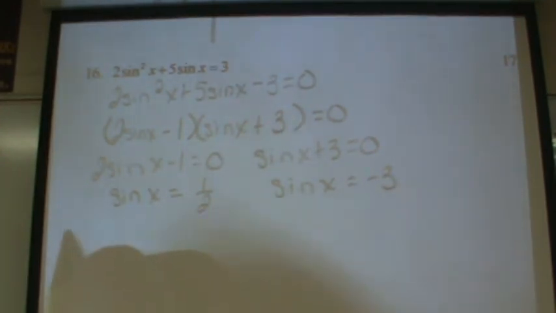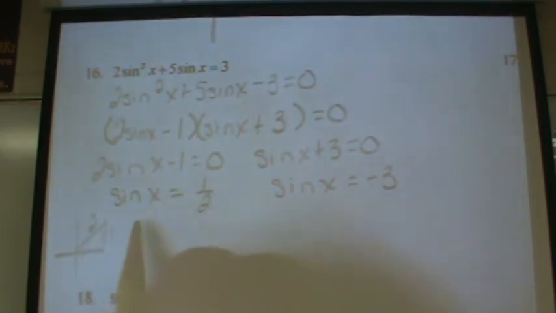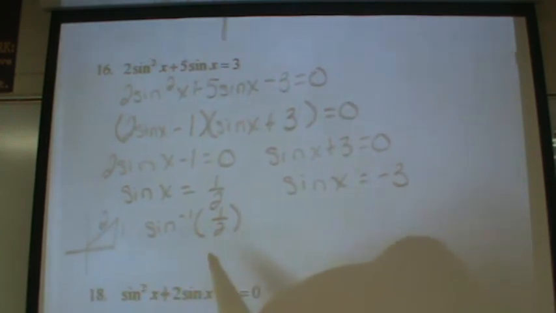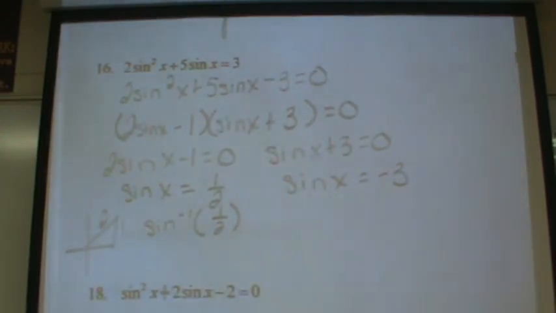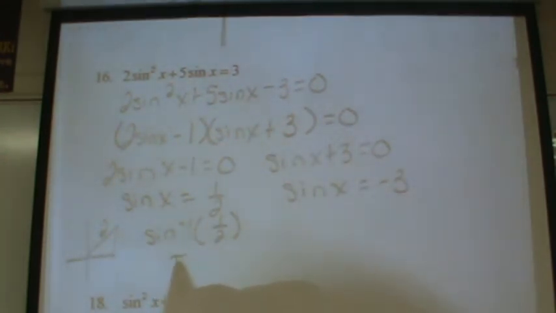Sine of 1/2 goes back to our triangle. We have opposite over hypotenuse. So the inverse sine of 1/2 gives us a pi over 6 angle. And then we have to think where else sine is positive, and that's in the second quadrant.